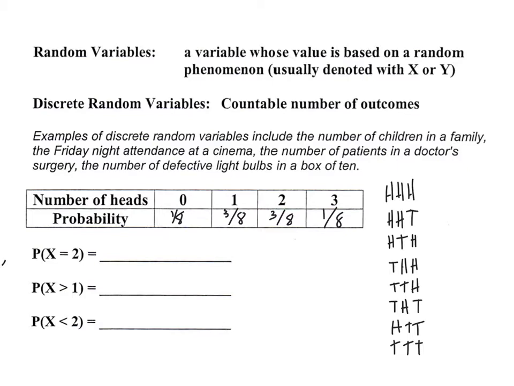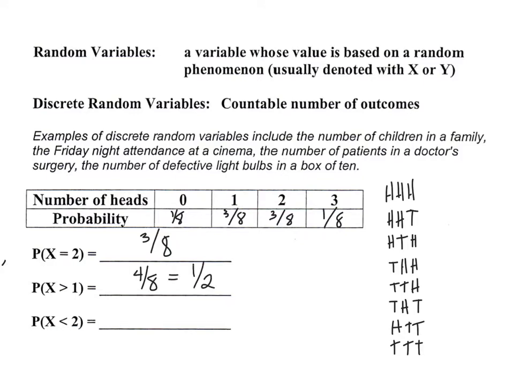We have listed the possible outcomes, and we've listed the probability of each. The probability that x was 2, well, we already calculated that. It's 3/8. The probability that x is greater than 1, meaning greater than 1 means these two, so that is 4/8, or 1/2.